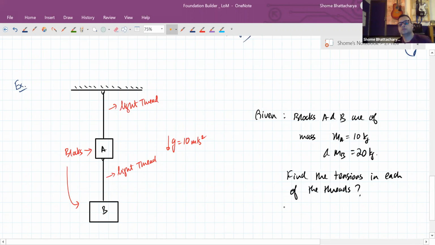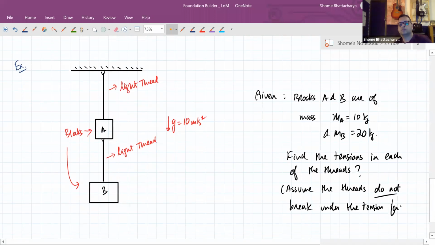Assume the threads do not break under the tension from the weight of the blocks. So you assume that the threads are strong enough to withstand the amount of tension required.